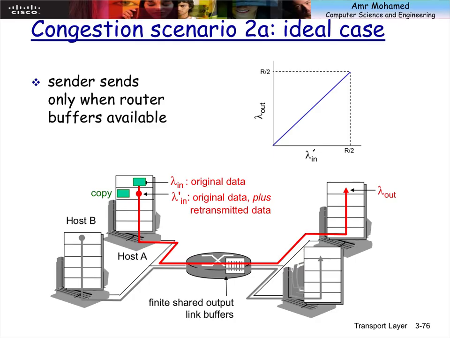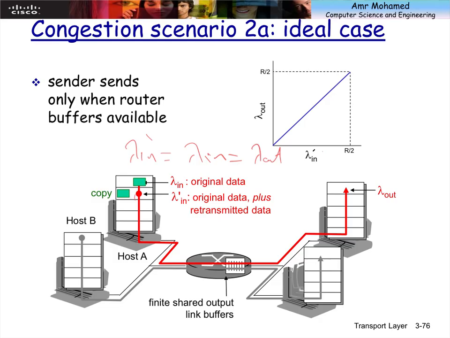Is that possible at all? Practically, is that possible? No, because we don't have visibility to the network. We'll assume hypothetically that this is possible. If that's possible, then lambda in dash will in fact be lambda out.